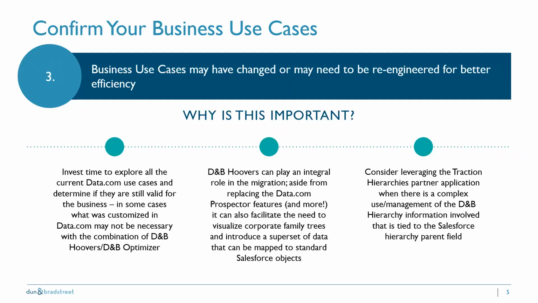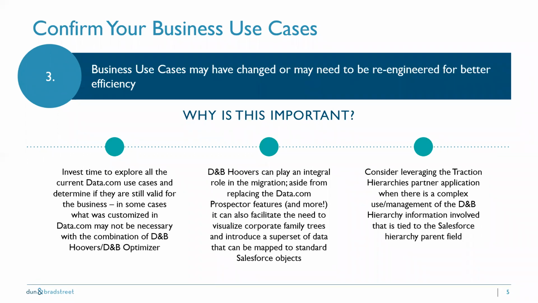A second thing that we noticed is that Prospector in data.com was a very scaled down version of a prospecting engine. When you compare that to D&B Hoovers, D&B Hoovers is a feature-rich application that's been around for a long time, and it does a whole lot more than the data.com Prospector application performed.